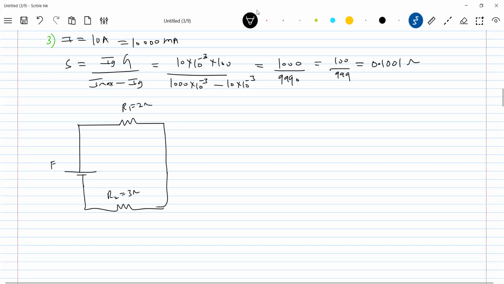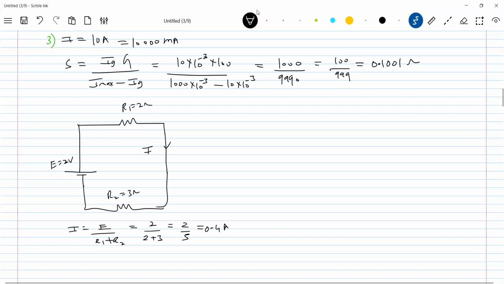Let the EMF of the cell be 2 volt. Then on paper we'll calculate the current flowing as E by R1 plus R2, which is 2 by 2 plus 3, 2 by 5, 0.4 ampere.